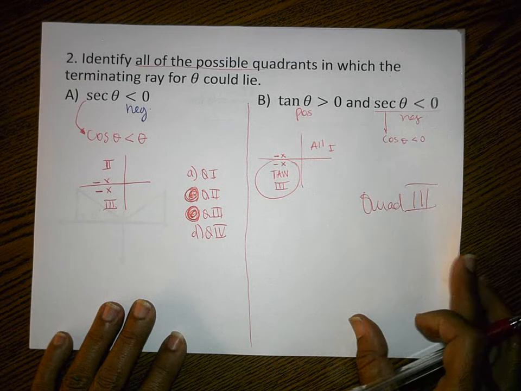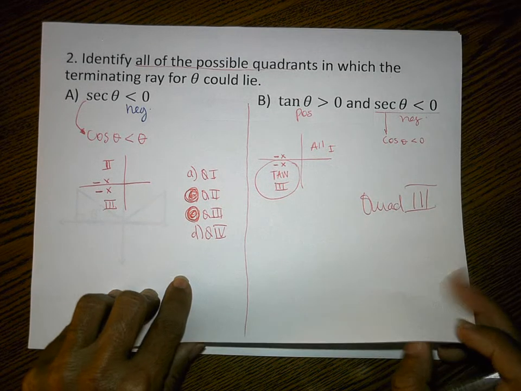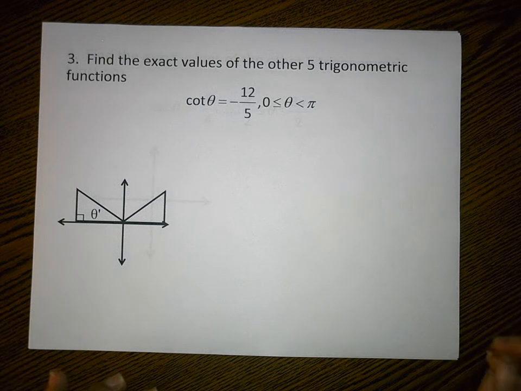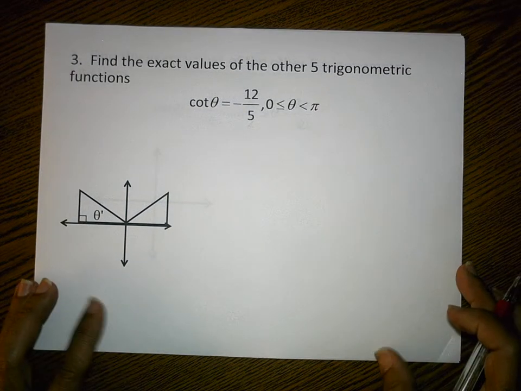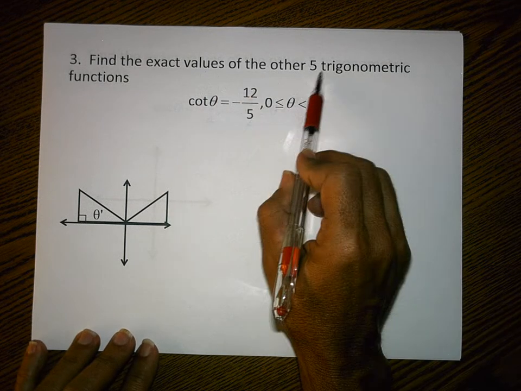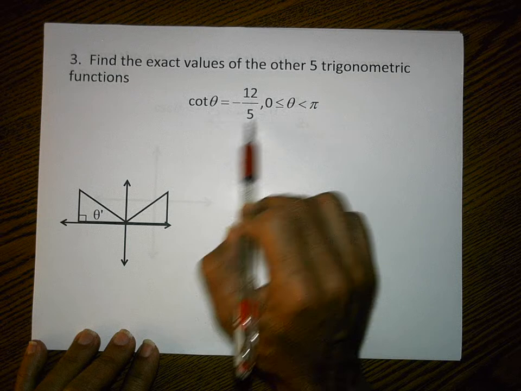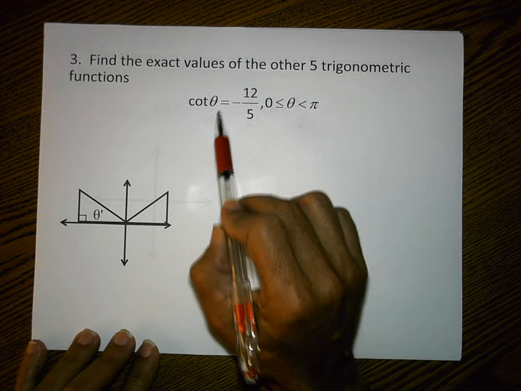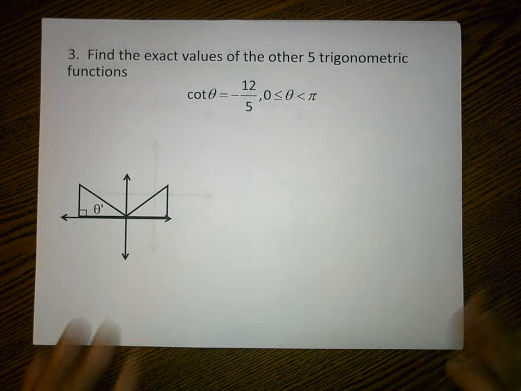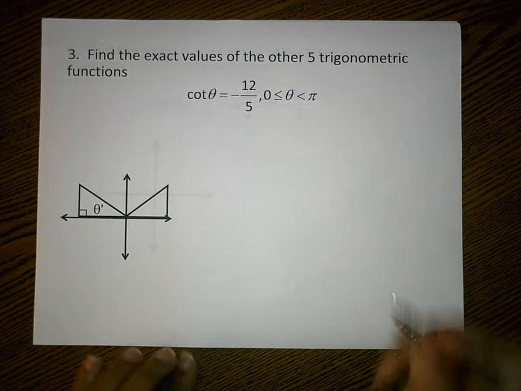Okay? All right. Then we move on to other kinds of questions, the 6 trig functions. So find the exact values of the other 5 trig functions. They're giving us one of them. We have to find the other 5. So why don't we set them up nice, the way it's always organized so we don't get confused.